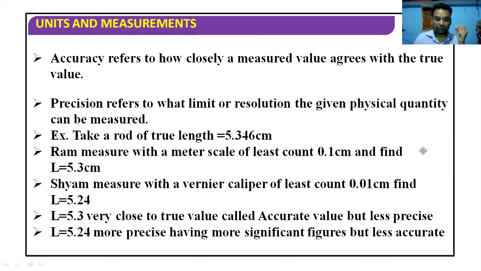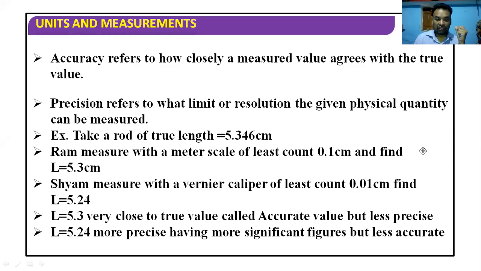In this case, we took a road of true length 5.34 centimeter, and Ram measured with a meter scale of least count 0.1 centimeter and found the length of the road equal to 5.3 centimeter, which is very close to the true value. So this L equal to 5.3 centimeter is the accurate value.